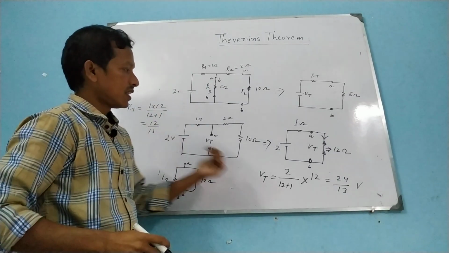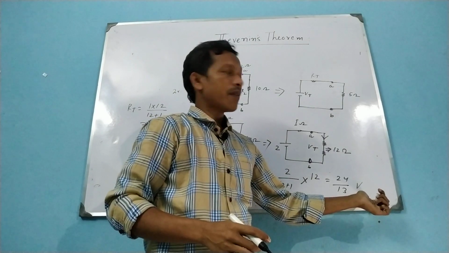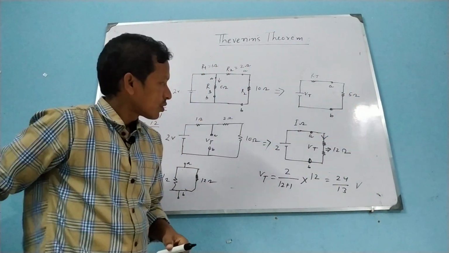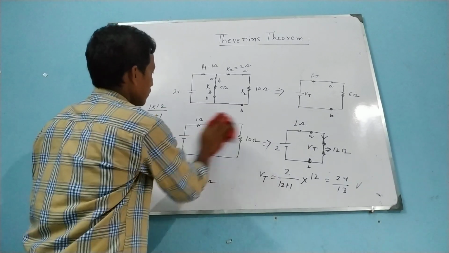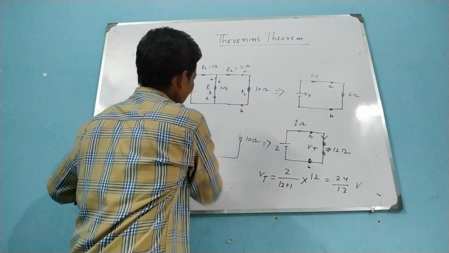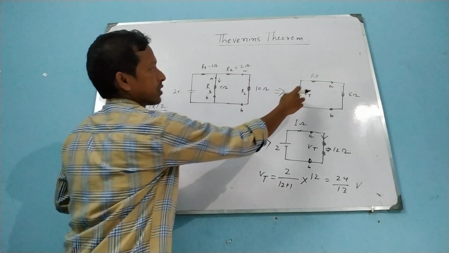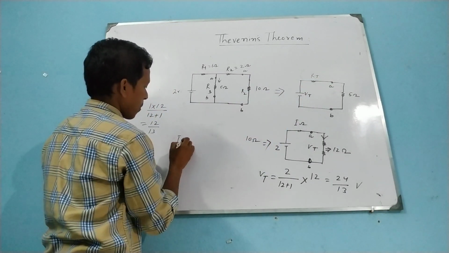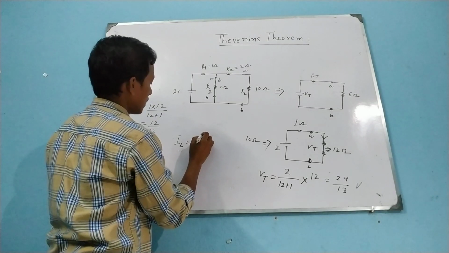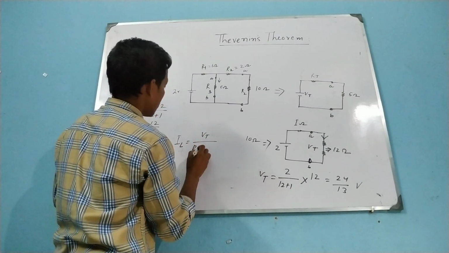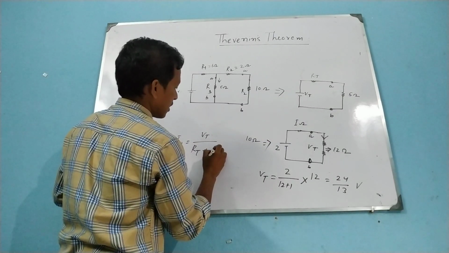This is the Thevenin's resistance and this is the Thevenin's voltage. Okay, and here the load resistance is 5 ohm. So the current through the 5 ohm resistance is IL equal to Thevenin's voltage VT by Thevenin's resistance RT plus RL.